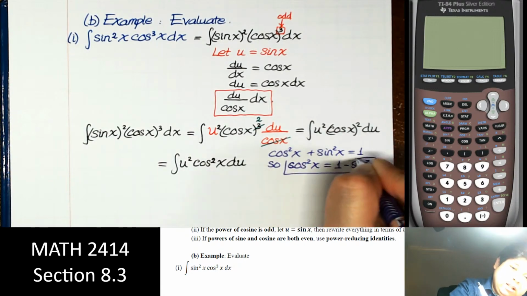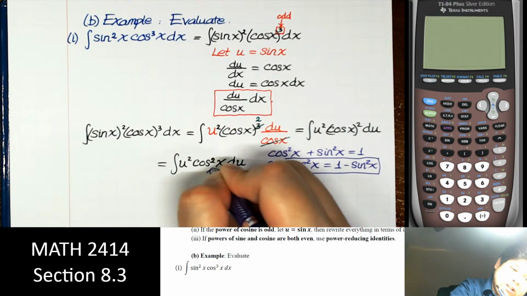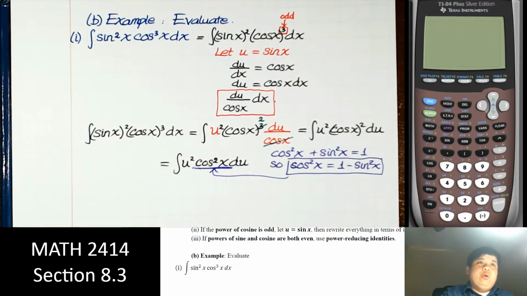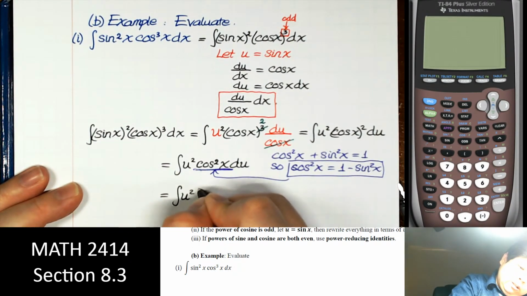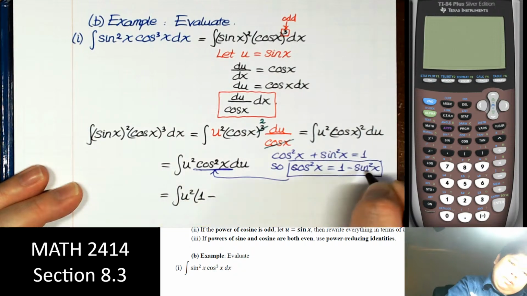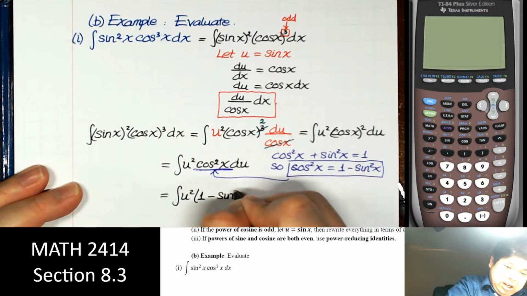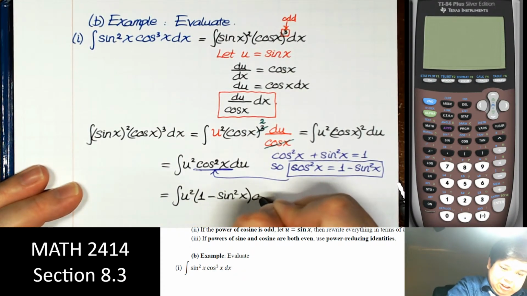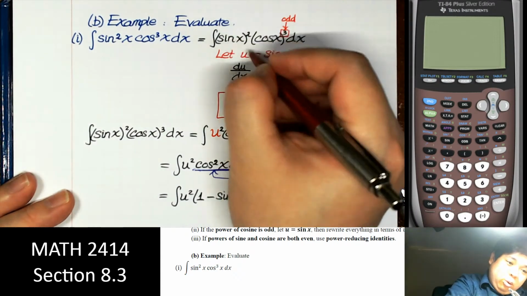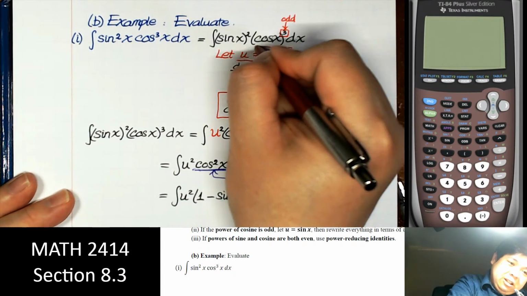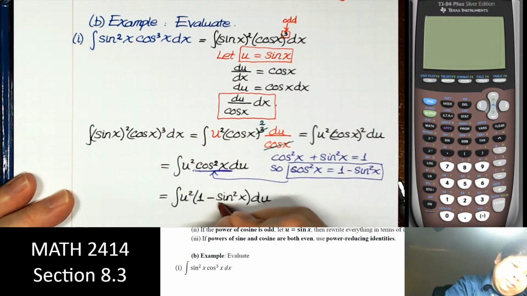And we use this for the cosine square here: 1 minus sine square instead. And that turned out to be very nice because that way we let u equal to sin x. So that part here is u squared.